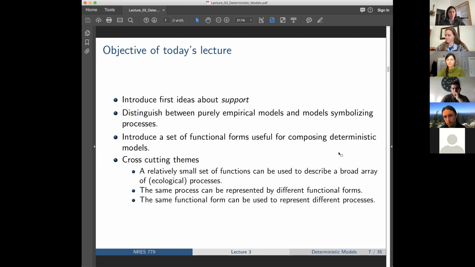Okay, so what are we going to be talking about today besides deterministic models? Or what about deterministic models? I mentioned this idea of support a couple times in the previous lectures. So we're going to actually talk about what that means, because we want to match the support of our data.